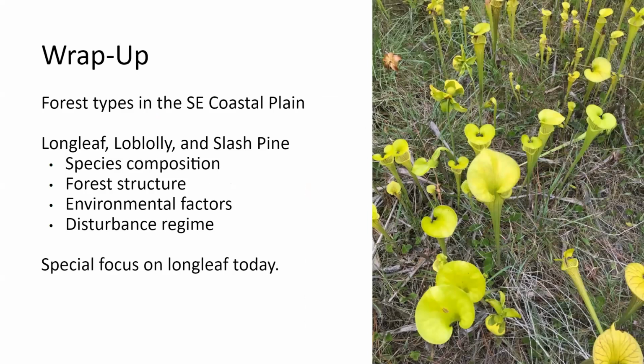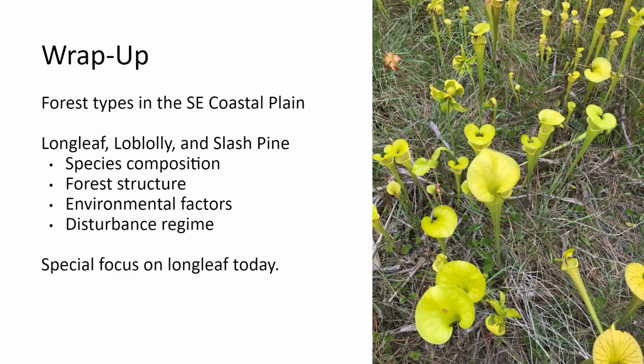And so that is kind of our conclusion with the first forest types, the Southeastern coastal plain, right? Breaking down that kind of broad forest type, the Southeastern evergreen forest, into recognizing that this is a forest that can be dominated by one of three species, longleaf pine traditionally, then loblolly and slash pine.